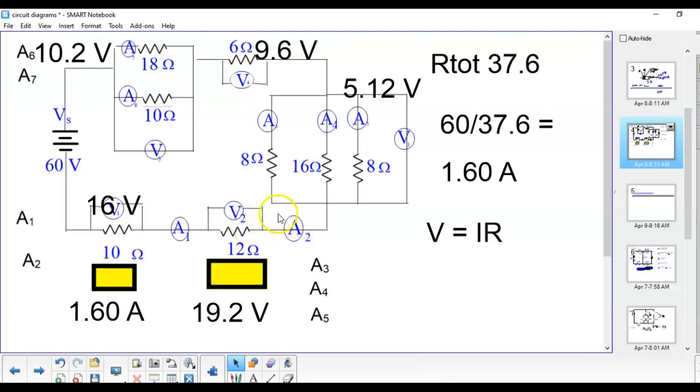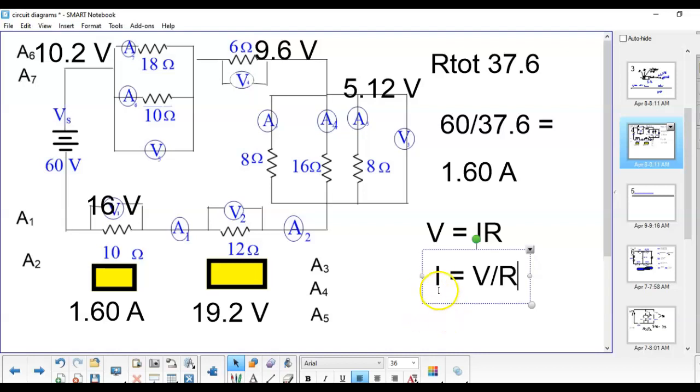Now we need to figure out the rest of these ammeter values. Now remember, current is voltage divided by resistance. We know the resistor values for each of these, and we know the voltage that goes through them. Now remember, in a parallel circuit, the voltage is the same across all of the components in that parallel part.